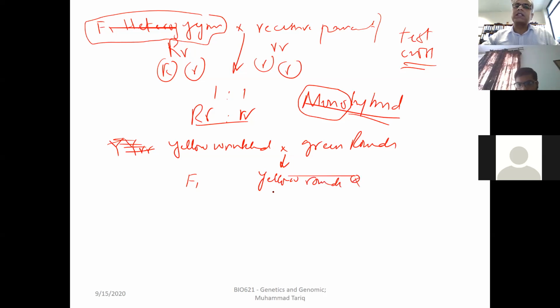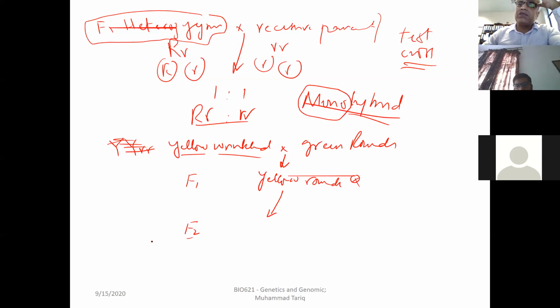What he got was yellow rounds. He self-crossed them to see what he is getting in F2. The whole idea was he wanted to see if 2 different factors within the same parent are interfering with each other's inheritance.